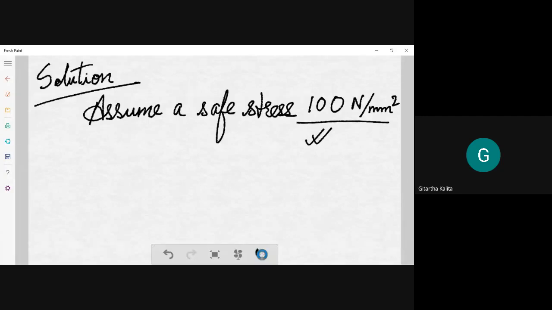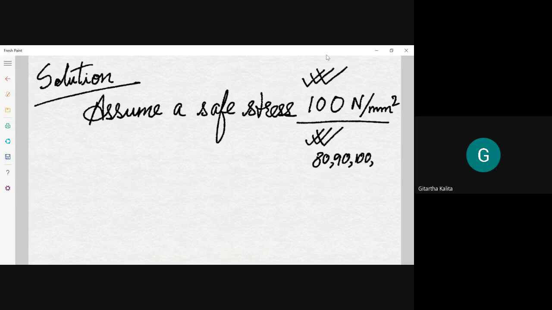But in most of the problems, they take it within this range, 100 or sometimes 90, sometimes 80, 90, 100, 110, but generally within this range.